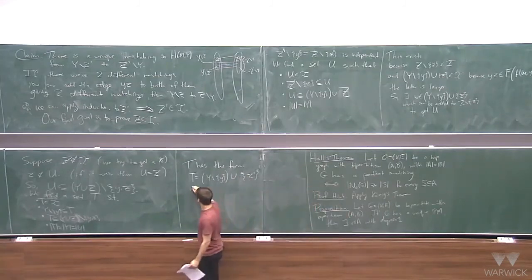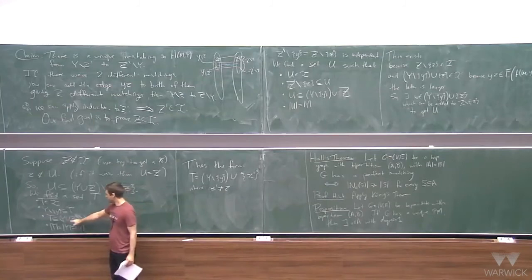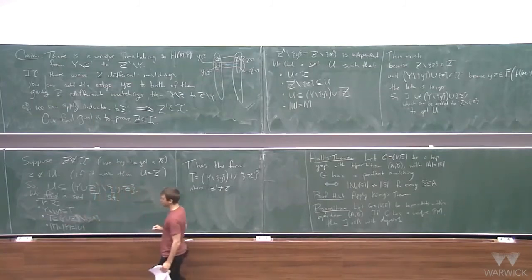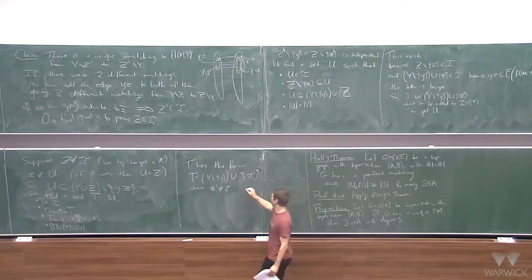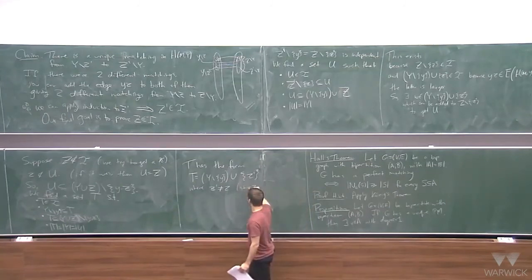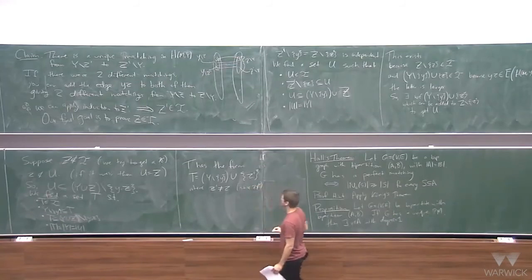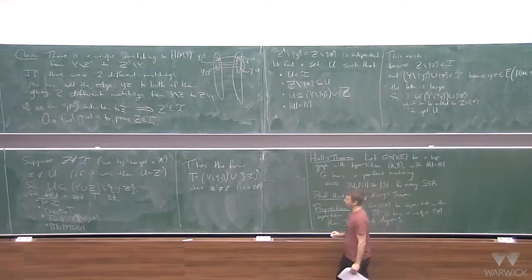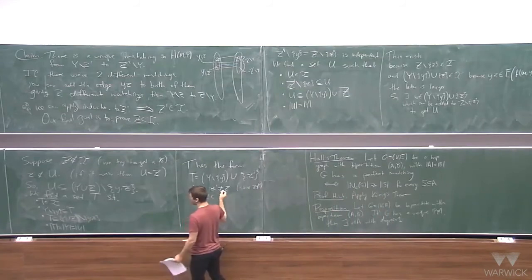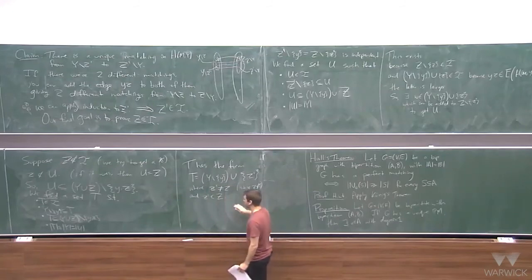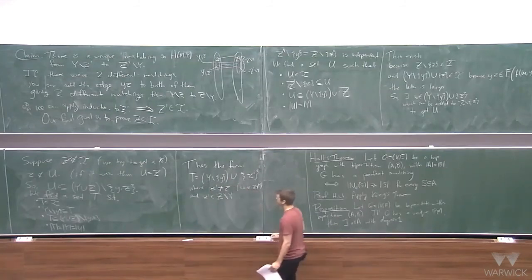where z prime is not z, because T is contained in this set, so z prime can't be z, because T doesn't contain z. And z prime is something in Z minus Y. Okay.